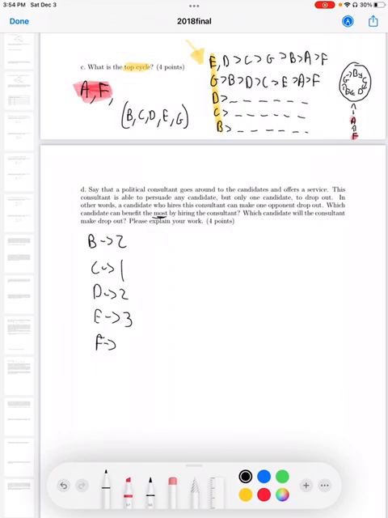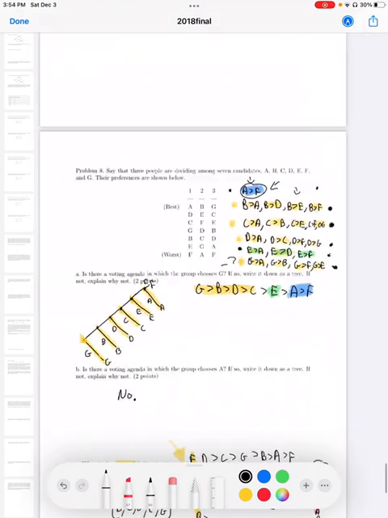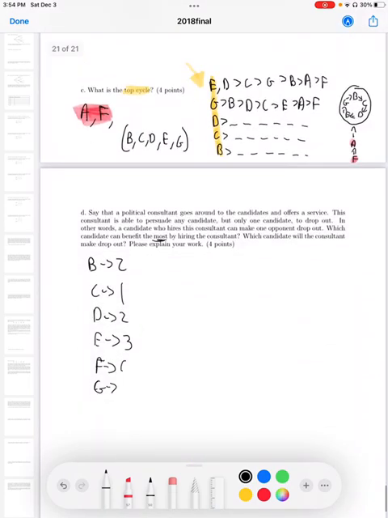And F and G, F gets dominated by 1, 2, 3, 4, 5, 6, so all 6 people.